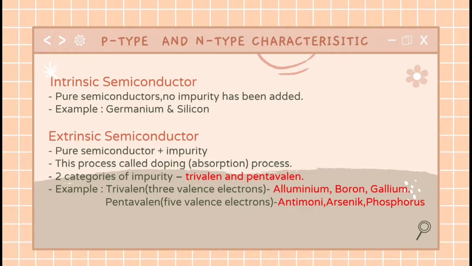There are 2 categories of impurity, which are trivalent and pentavalent. Trivalent is an element that has 3 valence electrons, such as aluminium, boron, and gallium, while pentavalent is an element that has 5 valence electrons, such as antimony, arsenic, and phosphorus.